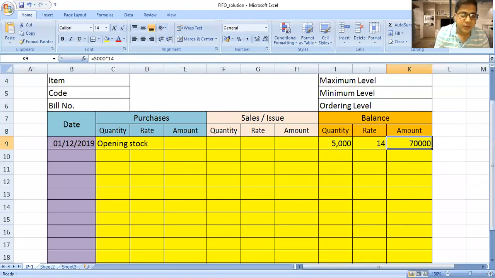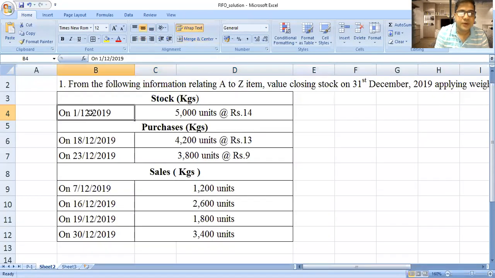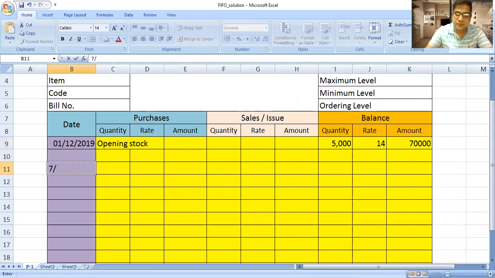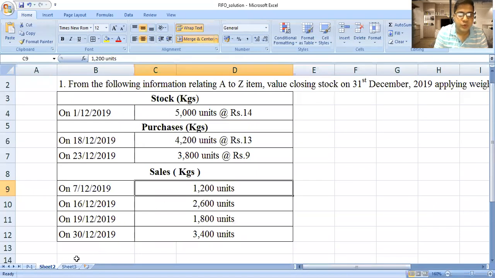Then after 1st December, the next date is 7 December, and on 7 December they sold 1,200 units. So we will write 7th December 2019. Now this is the issue column. We have to write how many kg sold: 1,200 kg.